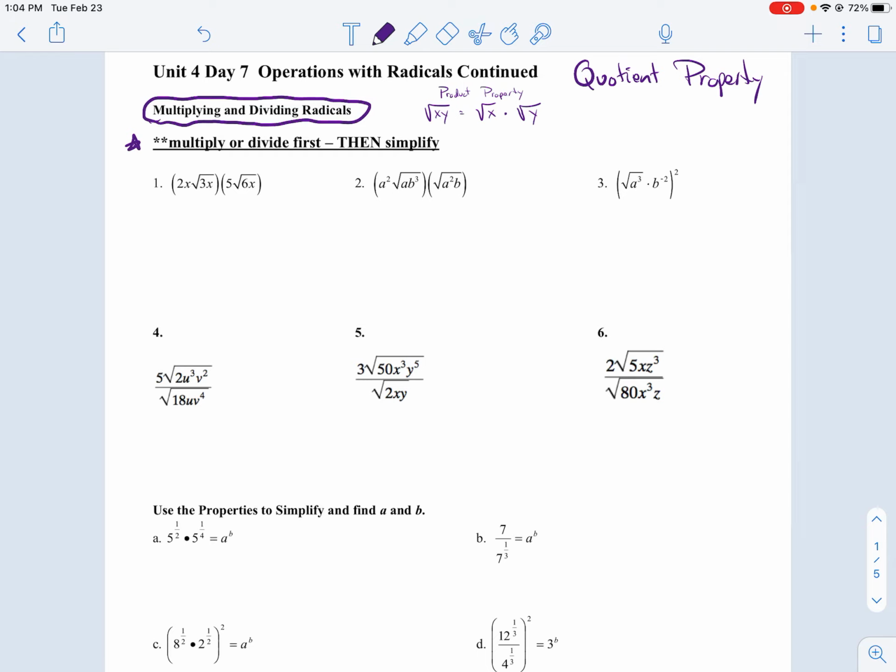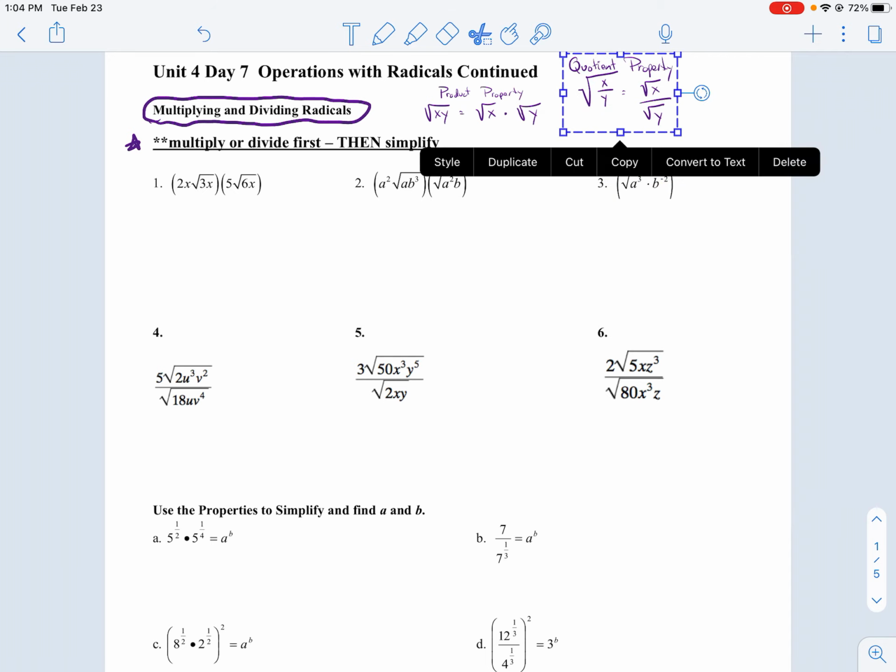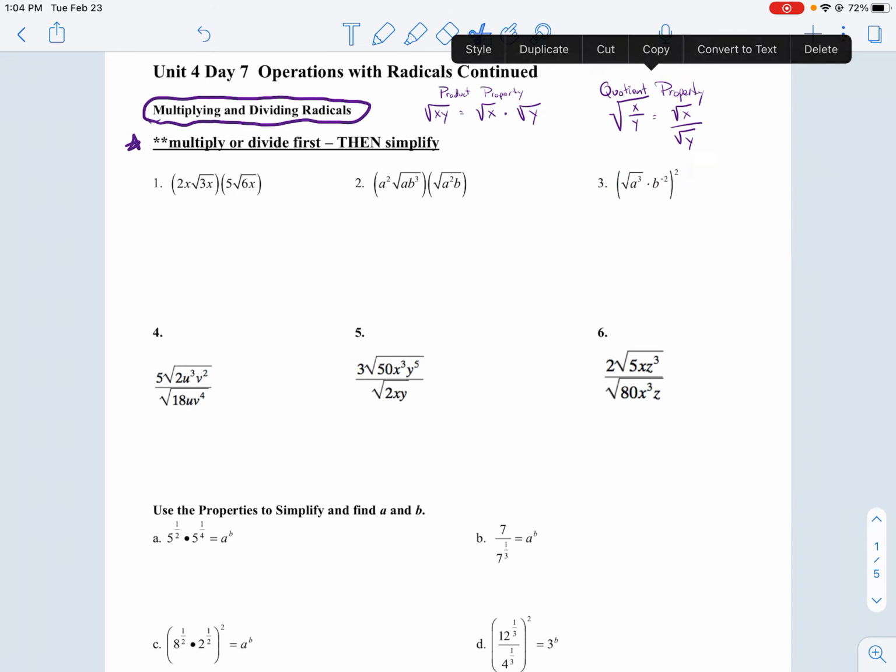Very similar to the product property, except it deals with division. When you have two different things under the radical, we can separate it so it's the square root of x divided by the square root of y. That is the quotient property. We're going to utilize both of those properties in order to solve these problems.